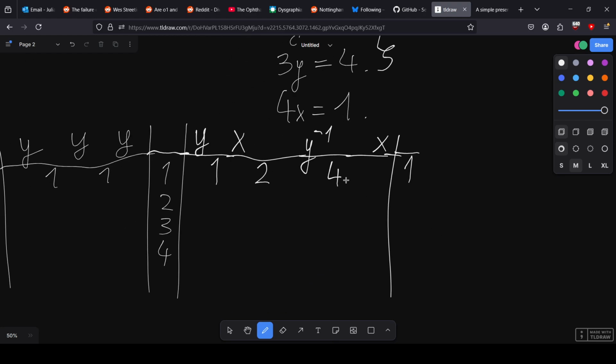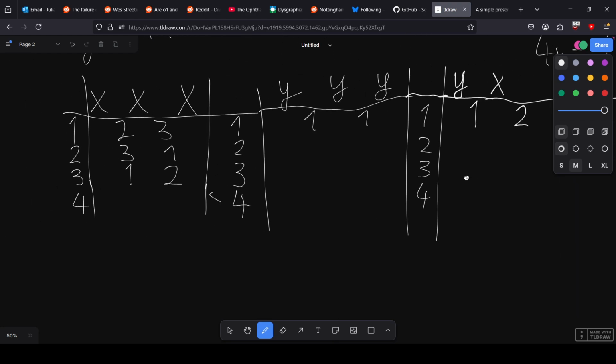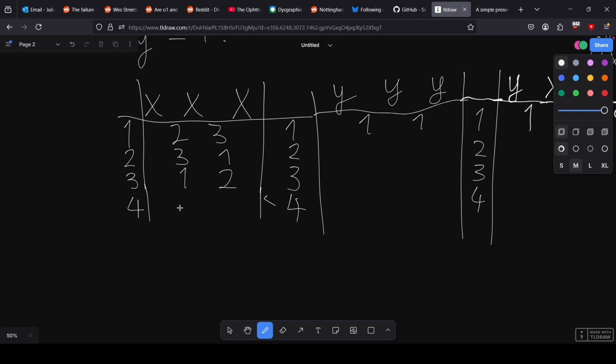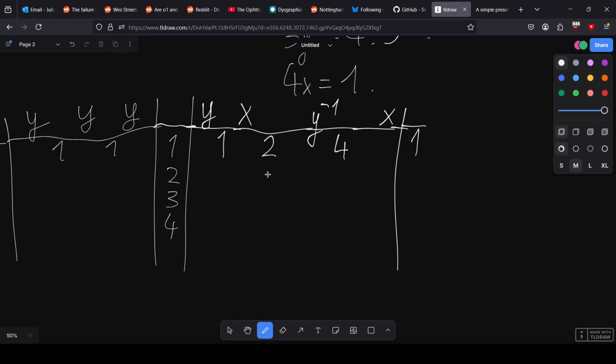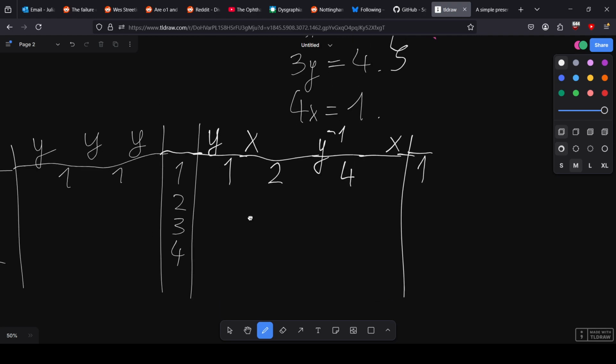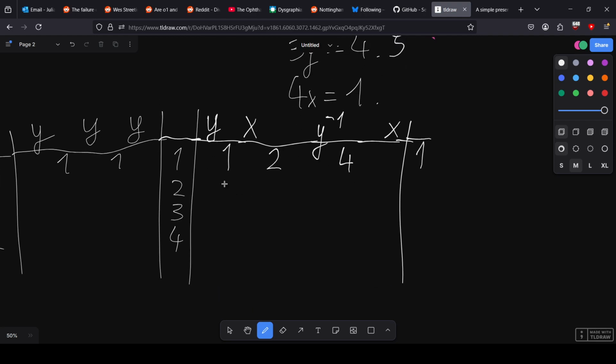So immediately we have an action of x on 4 itself, which means it has to go to 1. Similarly, we can fill in the rest of this. This is 4. This is 1. This is 1, and this 2. And then at the 4-bit, we have 4.